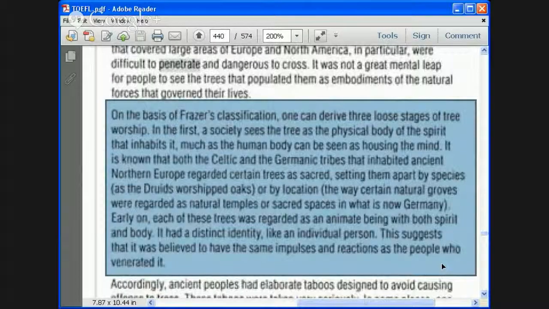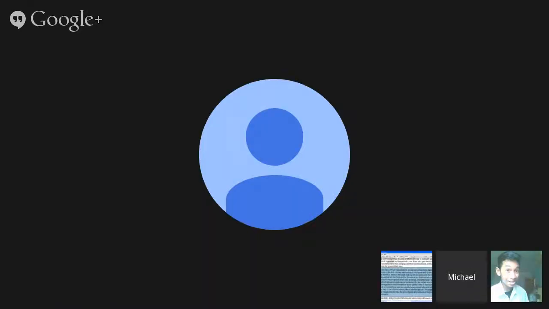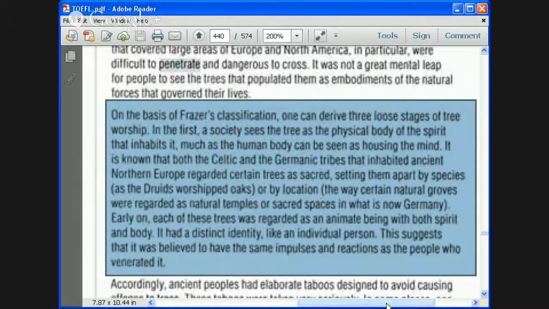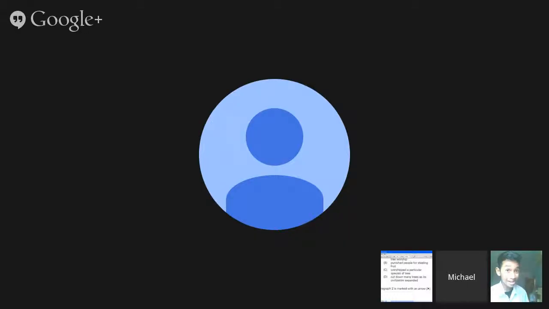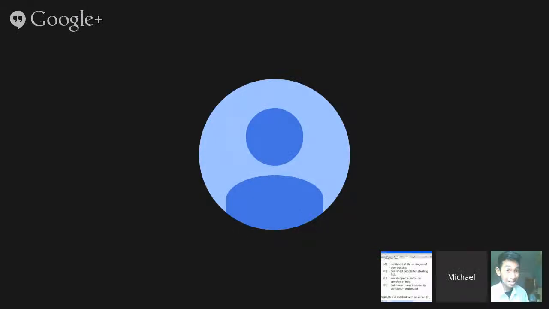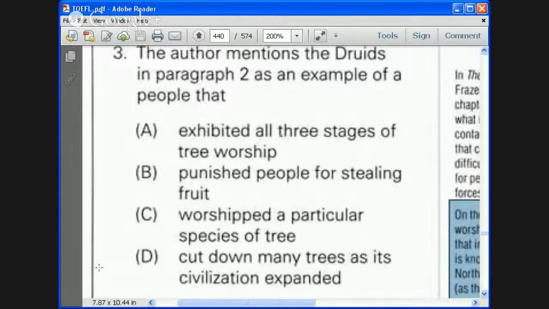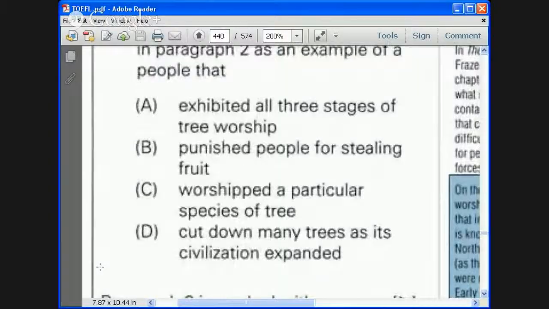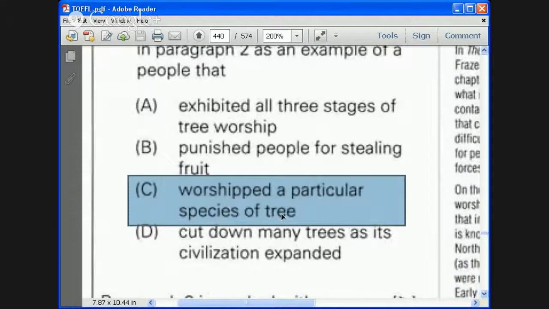Yes, oaks. That's why I love Druids. Worshipped oaks. So let's go see the possible answers. Right, it's C. No, they worshipped a particular tree.